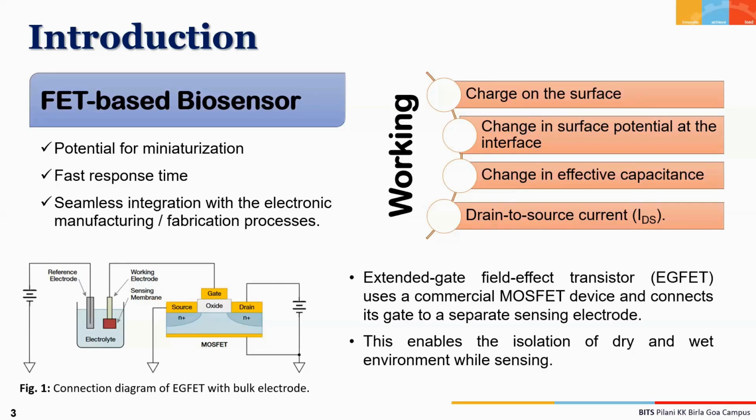Going to the working principle of this extended gate FET-based biosensor, what basically happens is that wherever there is an interaction between the antibody and antigen, it creates a double layer capacitance. And this double layer capacitance will reduce the overall capacitance of the whole setup.